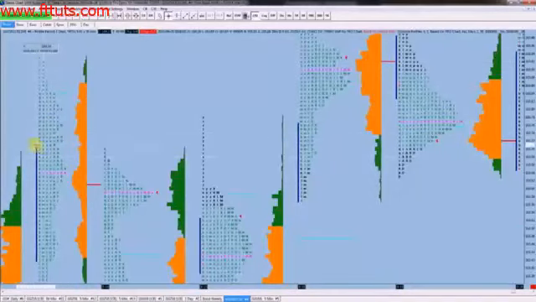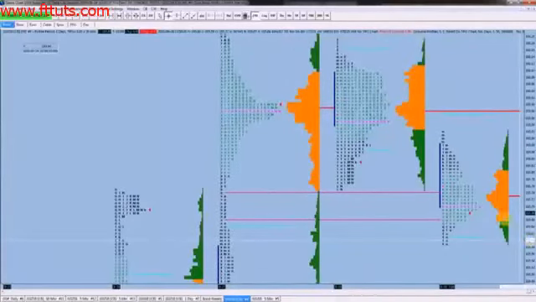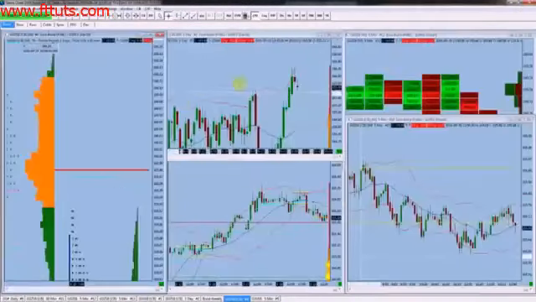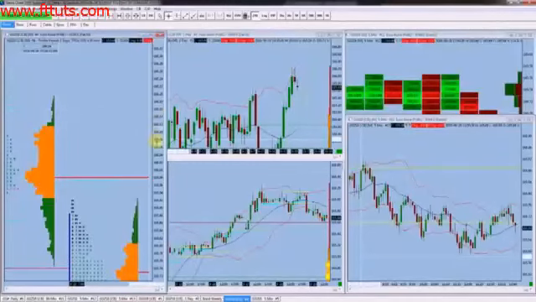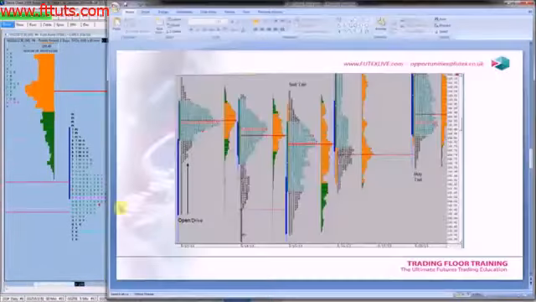And so this setup happened quite a lot running into this day, where we had an open drive and that open was not and should not have been the high or low for the rest of the day. However, the two subsequent times after that, we did have an open drive and the buyers did remain in control for the full day.